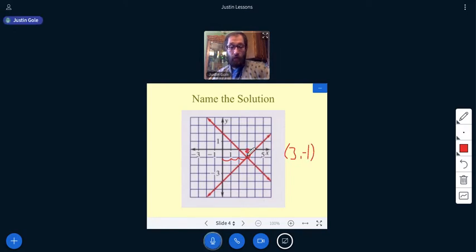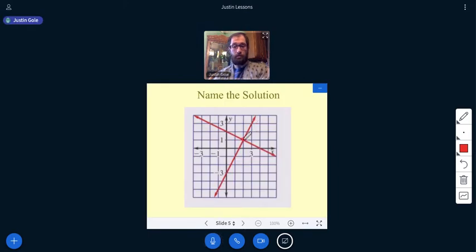We went down 1 from the x-axis and over 3 from the y-axis. So our x value is 3, and our y value is -1. And what that means is the point x is 3, y is -1 makes this solution true.